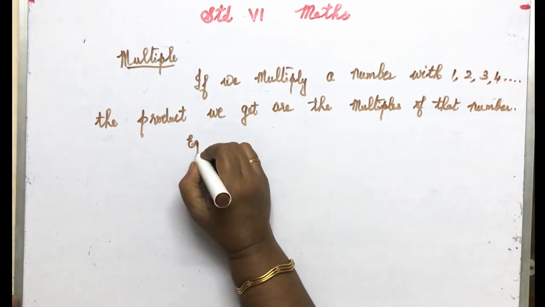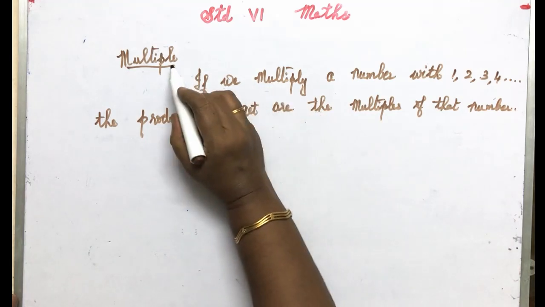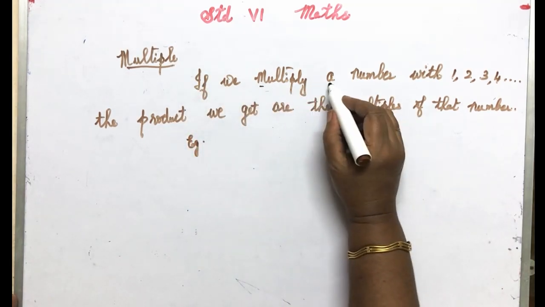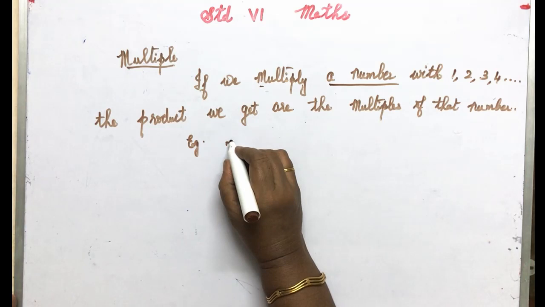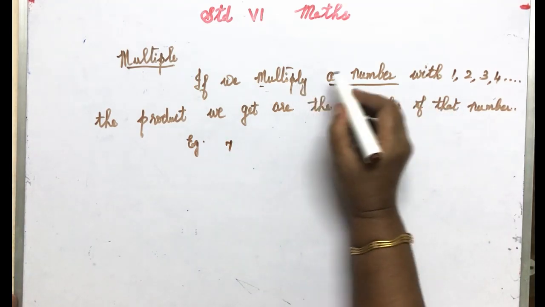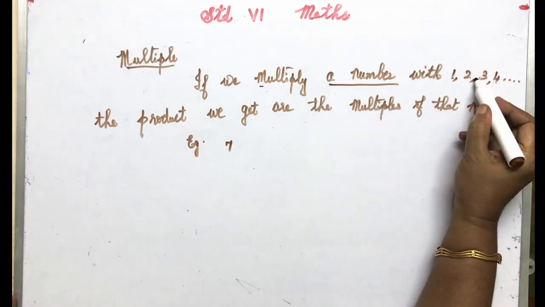Now for example, to find out multiples, we should multiply that number. Now we will take the number 7. We should multiply that number with 1, 2, 3, 4.